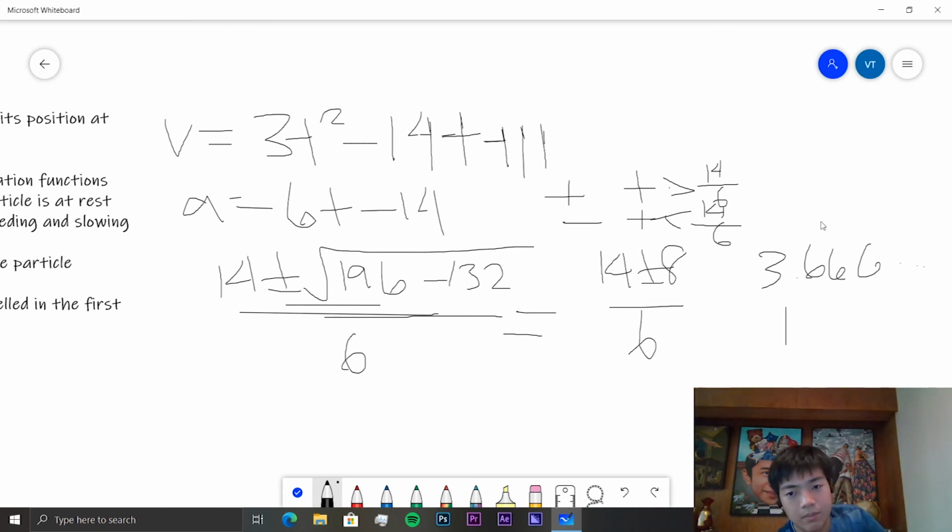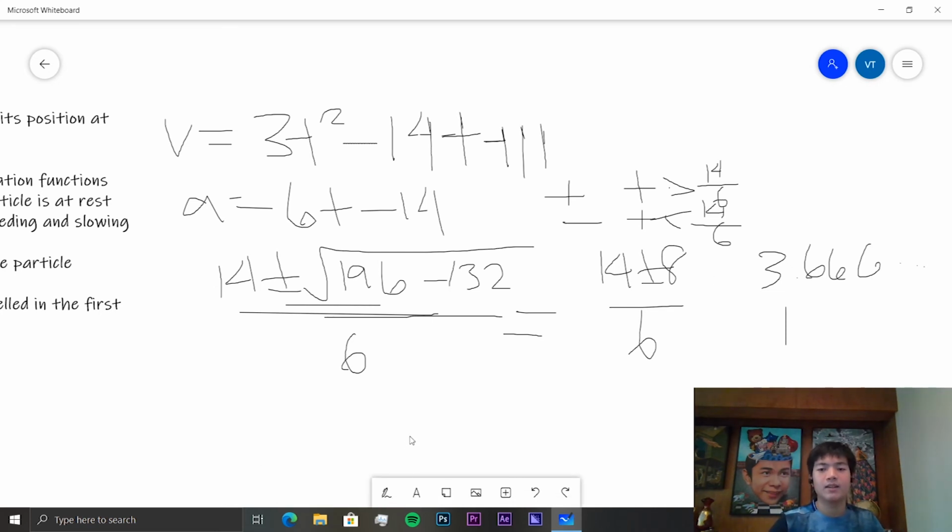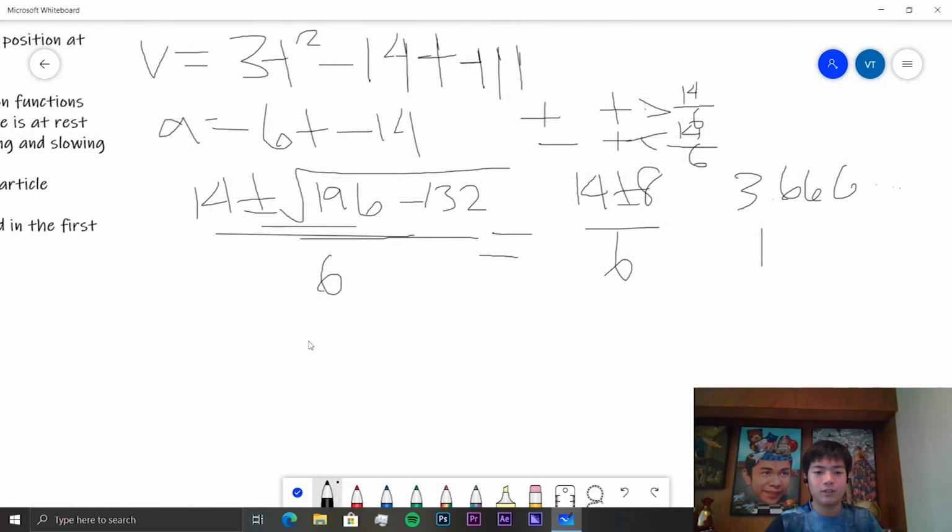So between the times 1 and 14 over 6, let's write this down, this is accelerating.